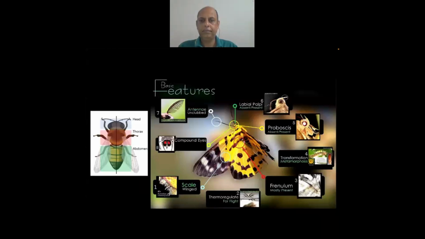Okay. So now let's see how the moths or butterflies feed. Some of the features are always common because they belong to the same order, Lepidoptera. Since adult moths or butterflies can only digest liquids, they are fluid feeding insects.